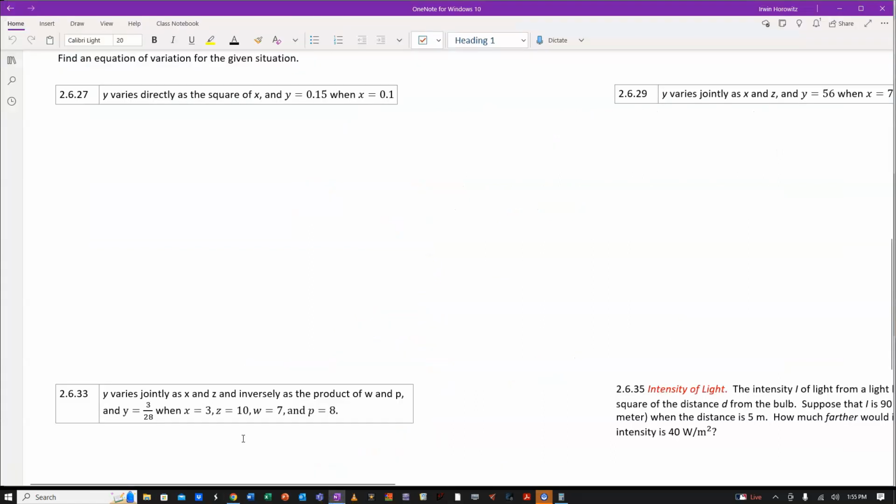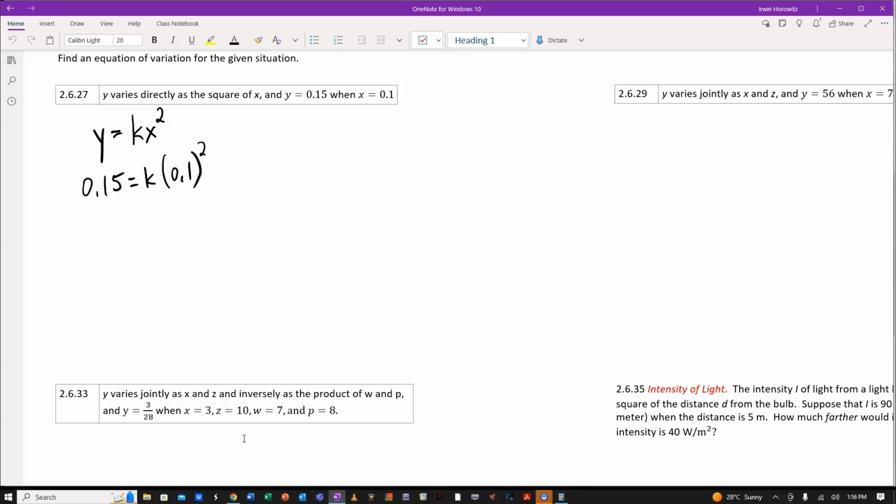In this problem, we are told that y varies directly as the square of x, and y equals 0.15 when x equals 0.1. So again, we start with the general form of the direct variation with the square of x. So y equals kx squared. We substitute the numbers that are provided for both x and y. So y equals 0.15 equals k times x, which is 0.1 squared.